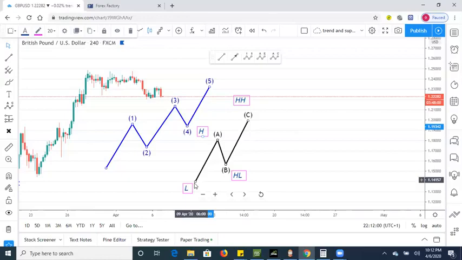So a low, a high, a higher low, and a higher high. This is what constitutes an uptrend. This is when you can say that price is in an upward moving trend.